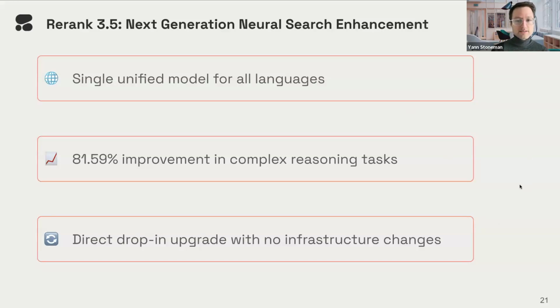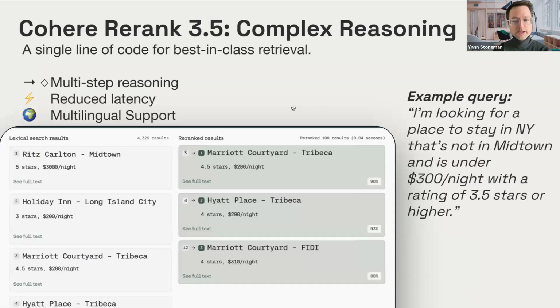So now it's one model that performs better at all of the languages, and we have a huge improvement in complex reasoning tasks because basically before this model, no models were able to do this. And we'll talk more about what benchmarks are used here in coming slides. And then there's the same SDK as before, so you can just update directly to Rerank 3.5 if you've been using it before.